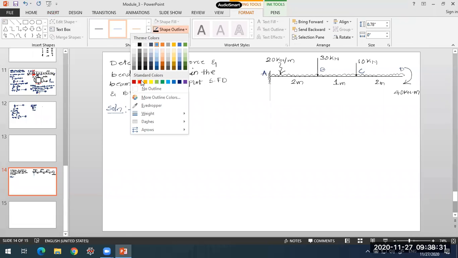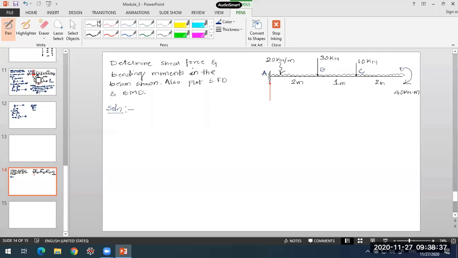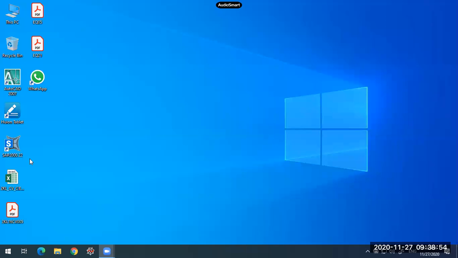One is a vertical reaction, and along with this, there is a reaction in the form of a moment, which I'll assume to be in anti-clockwise direction, and also a horizontal reaction.